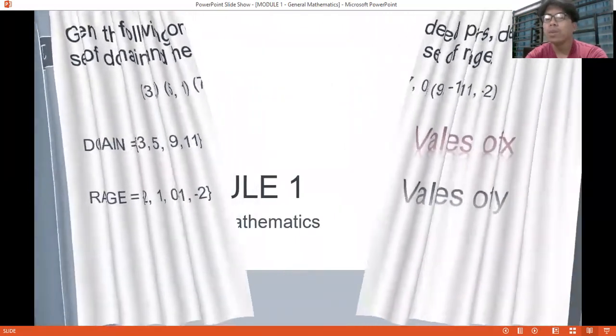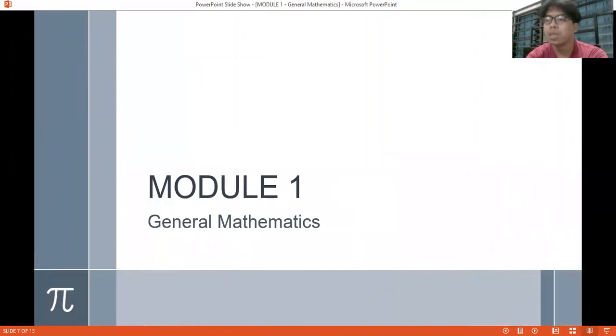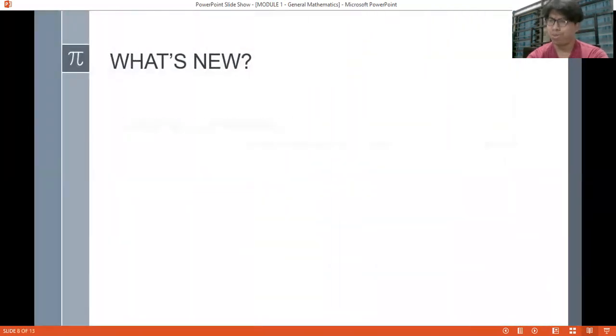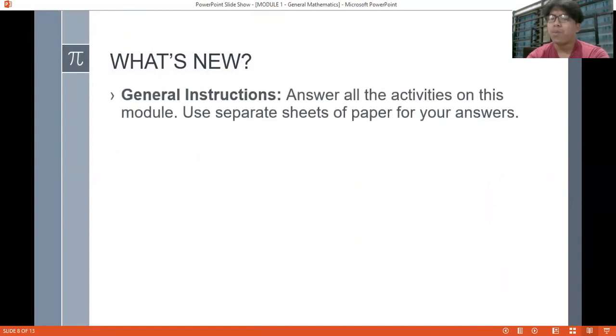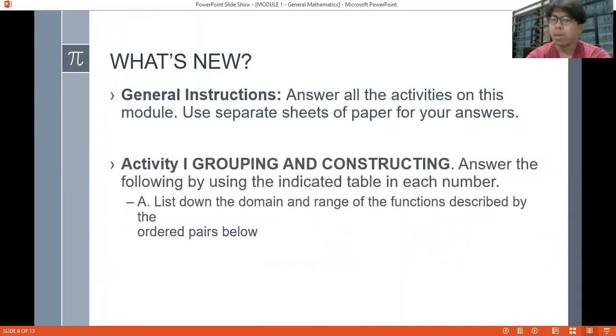So for now, we are going to discuss the first module of the subject of general mathematics. Okay, so what's new? Before we proceed to our discussion, I'm going to give you an activity. The general instruction is that you're going to answer all activities in this module. Use separate sheets of paper for your answer. For activity 1, grouping and constructing, answer the following by using the indicated table in each number.